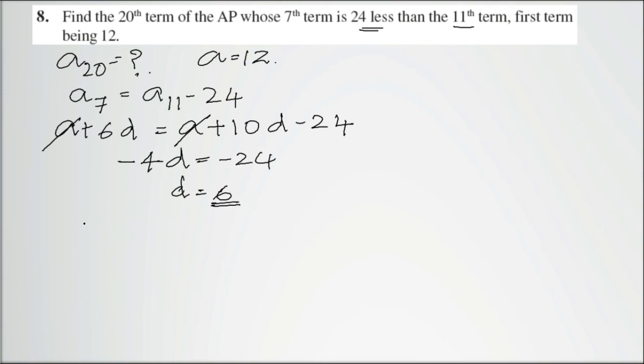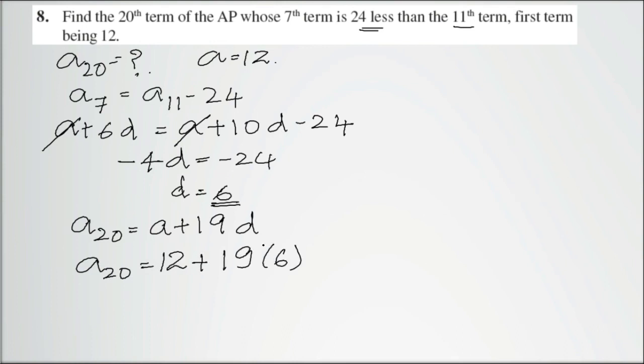Now I will find out the 20th term. A20 will be equal to A plus 19D. The first term is given as 12 and the common difference we have found is 6. So A20 is 12 plus 19 multiplied by 6, which is 114. So A20 is 126.